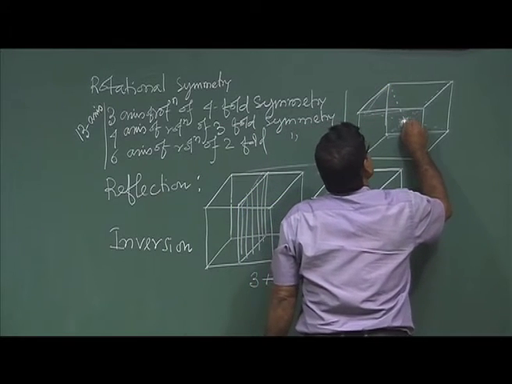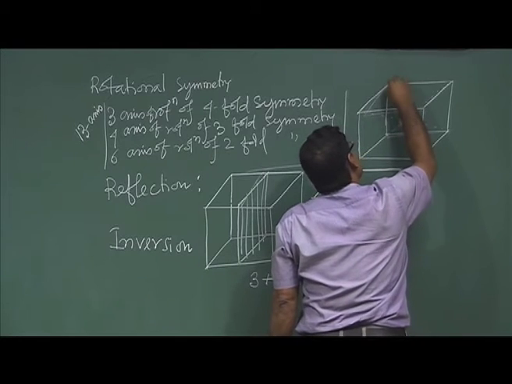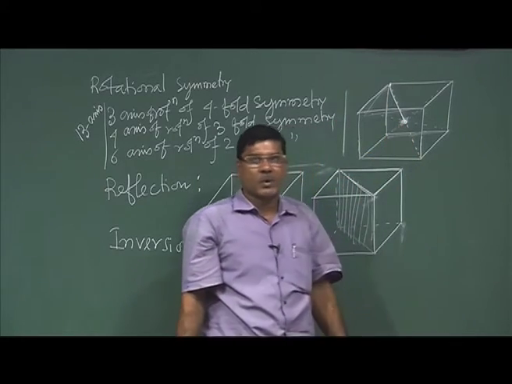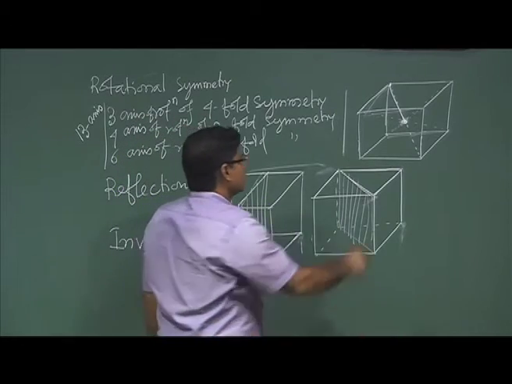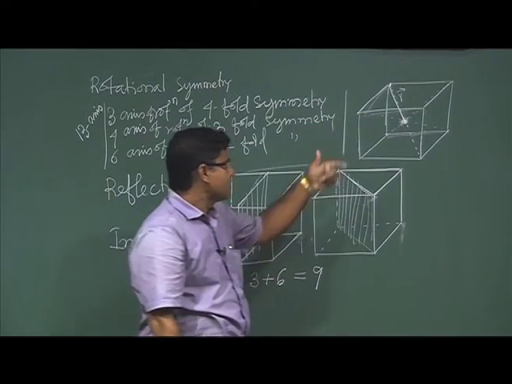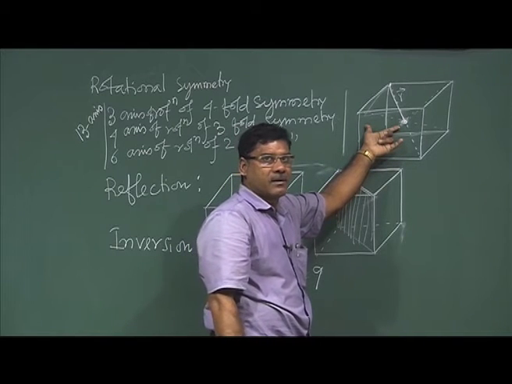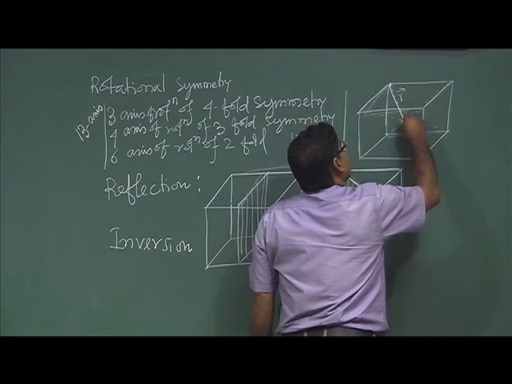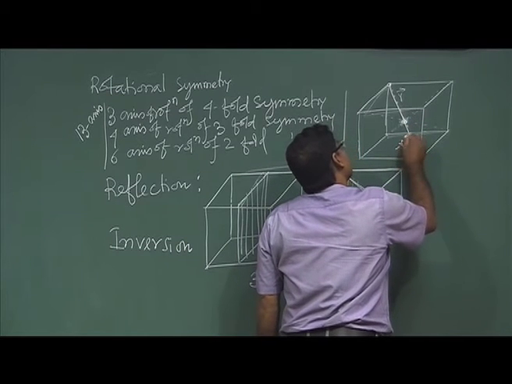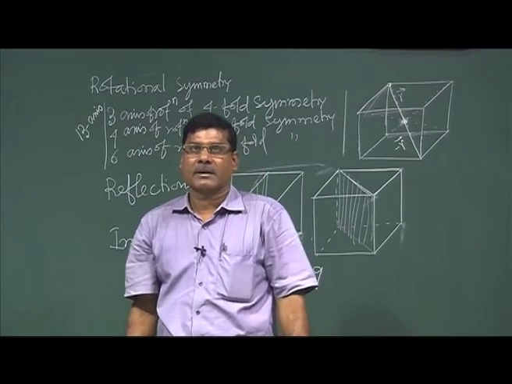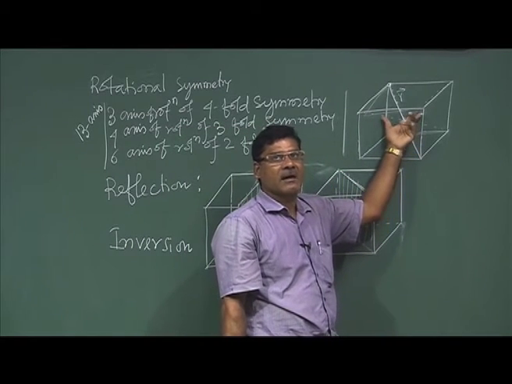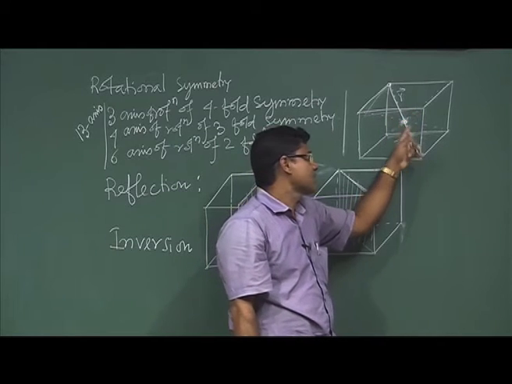If you take a vector joining this lattice point with this point, if this vector is R, then in this crystal, if there is a lattice point exactly at minus R, okay, then we will say this crystal has inversion symmetry with respect to this point.